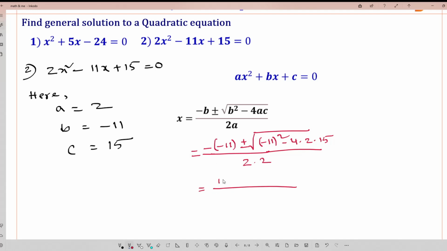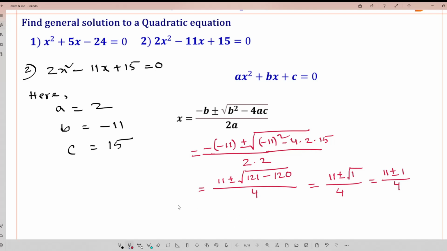Minus minus makes plus, so 11 plus or minus the root of minus 11 squared, which is 121, minus 15 times 2 is 30, 30 times 4 is 120, and here is 4. So what we will get: 11 plus or minus the root of 121 minus 120, it means the root of 1, divided by 4. So here is 11 plus or minus the root of 1, which is only 1, divided by 4.